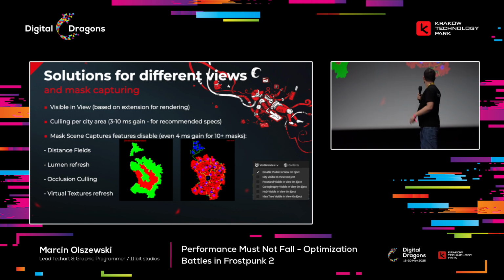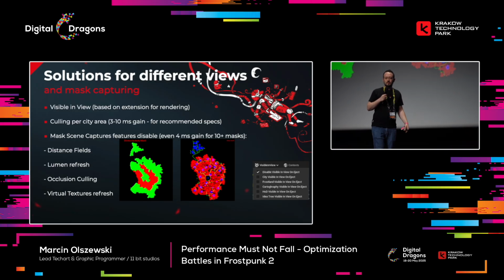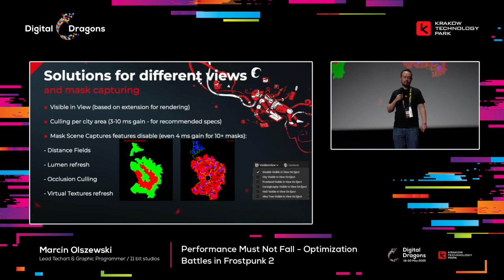On the screen, you can also see that we have a tool to show off the different views. And as you can notice, there is also an ID tree and HUD. This visible in view was quite a cool thing to differentiate views and make rendering cheaper. What's also important is that we don't set is visible to false or true.